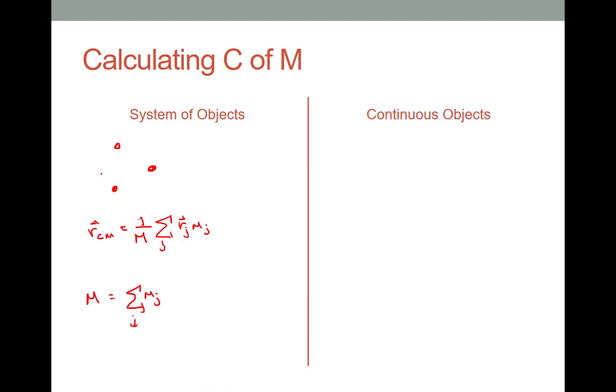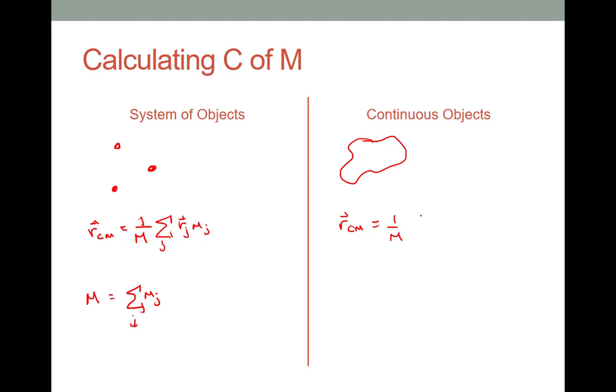But we don't always deal with a system of objects. We could be dealing with a continuous object. Maybe it's a hammer, maybe it's a wrench, maybe it's a blob. Well, as you learned in calculus, summations become integrals when you move to continuous.